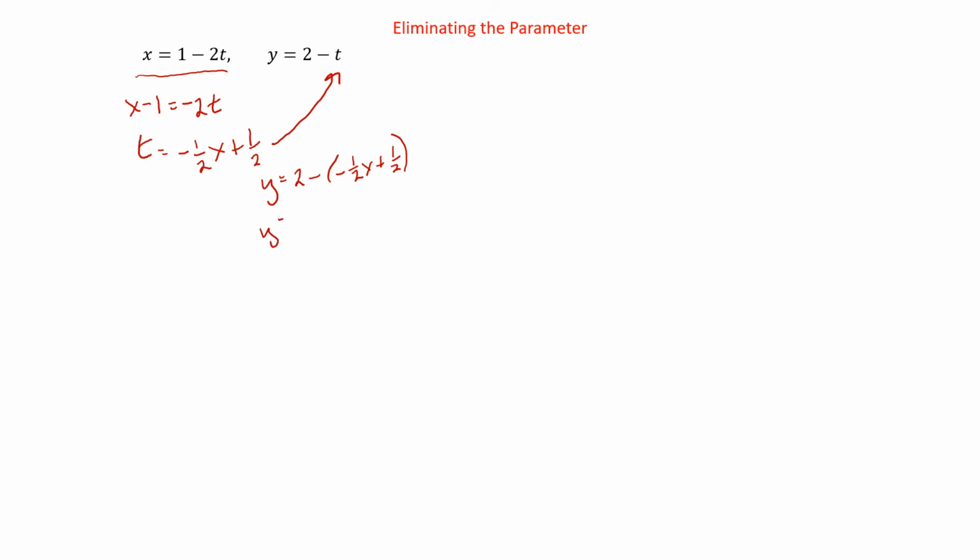We can distribute and combine our like terms to get y equals 1/2 x, and then 2 minus 1/2 is plus 1.5. So this turns out just to be a line with a y-intercept of 1.5 and a slope of 1/2, which, as we are going to look at in a minute, we'll actually see that, oh yeah, that actually is a line.